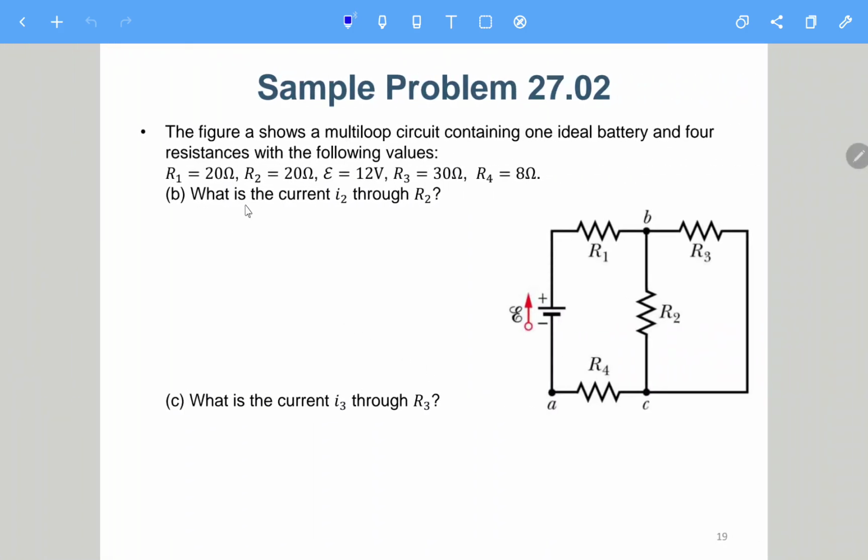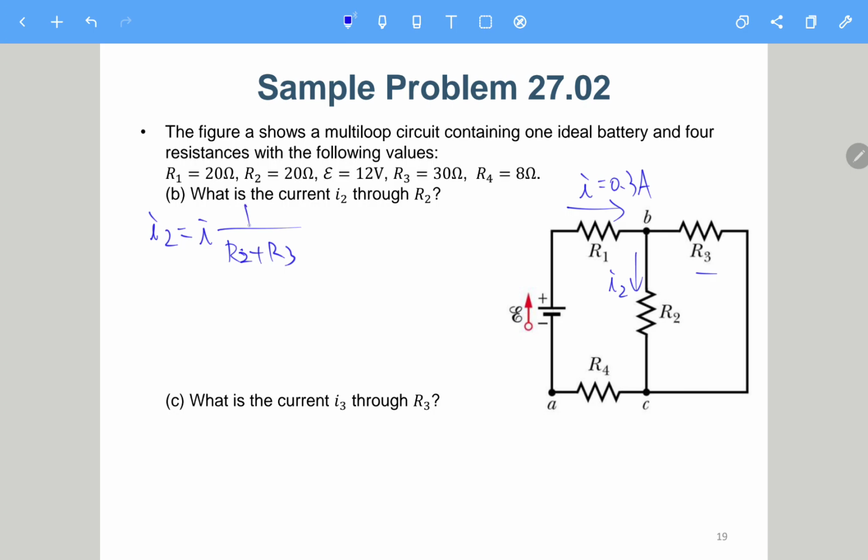Next it asks you what is the current I2 through R2. We already know I equals 0.3. In circuit theory, I will just remember an equation like I2 to be I times R3 over R2 plus R3, with R2 plus R3 in the denominator.